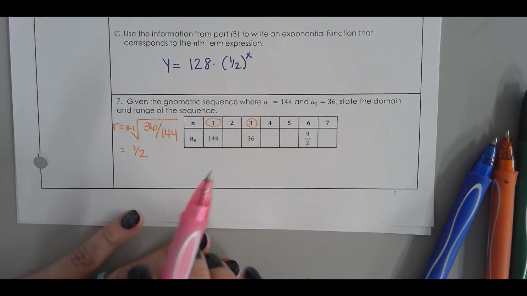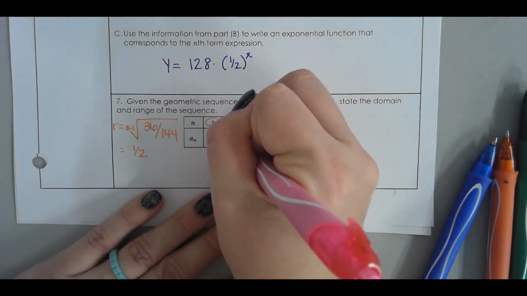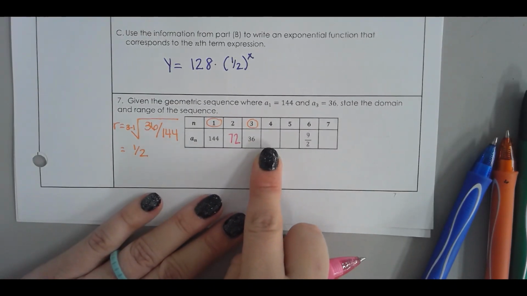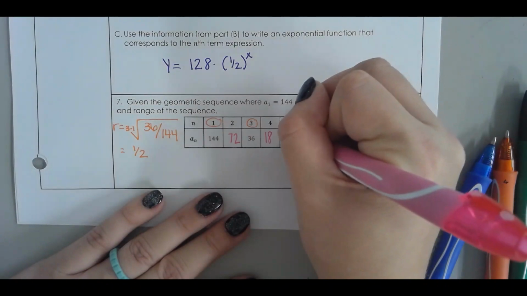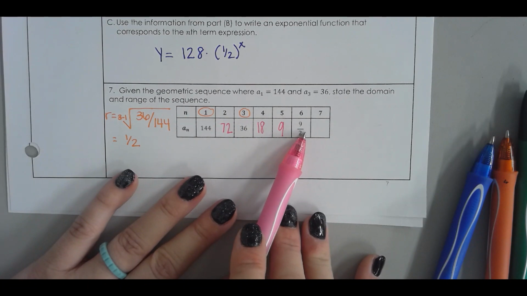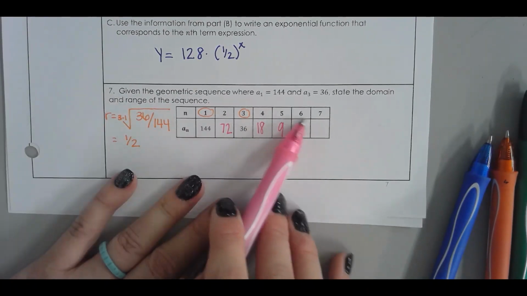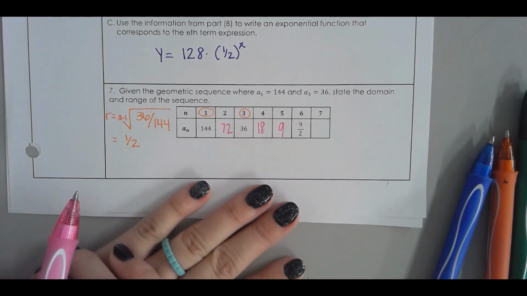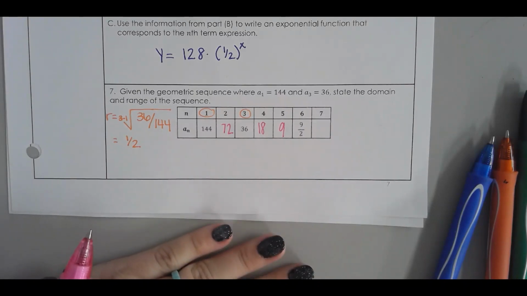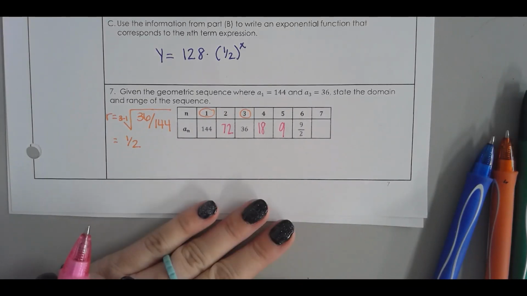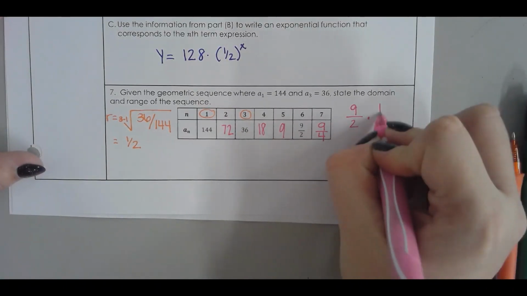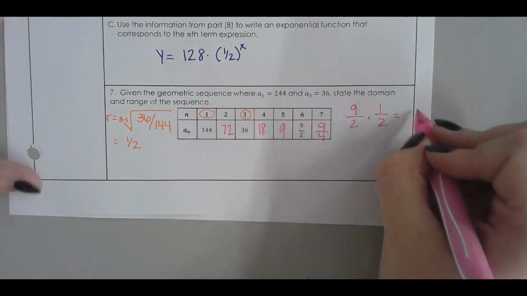What's 144 times a half? Yep. Then the next one will be 36 times a half, or divided by 2, 18. And then I get 9. Then 9 over 2. Because they're not putting decimals, they're putting fractions. What is 9/2 divided by 2? Or 9/2 times a half? It'd be 9 over 4, because 9 over 2 times 1/2, you multiply straight across.